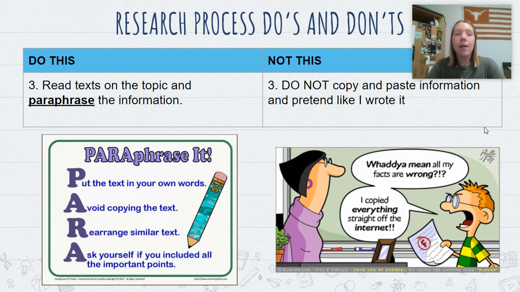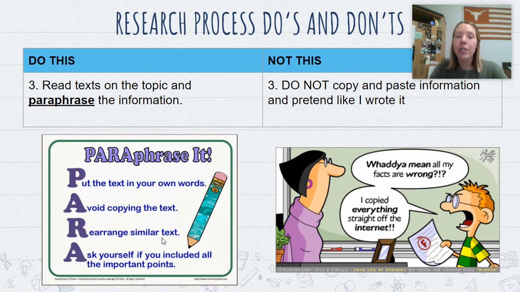Okay, paraphrasing. This is really important. You need to make sure that when you read text on the topic, you paraphrase the information, okay? You can think of paraphrasing like this. P would be, excuse me, that you put the text in your own words, right? It is in your own way of talking. It is not that you're copying and pasting, you're putting it in your own words. You're avoiding copying the text.